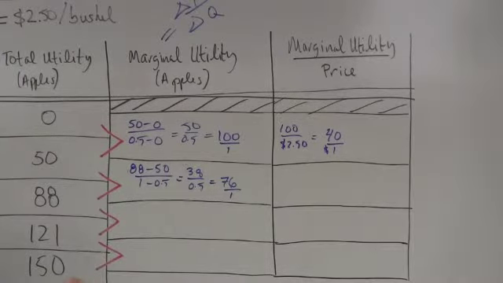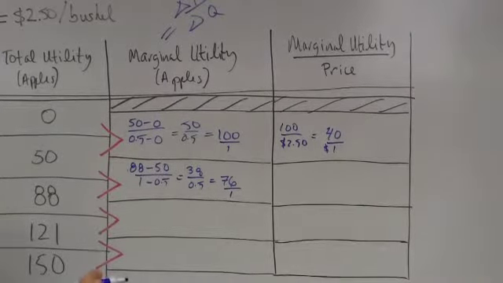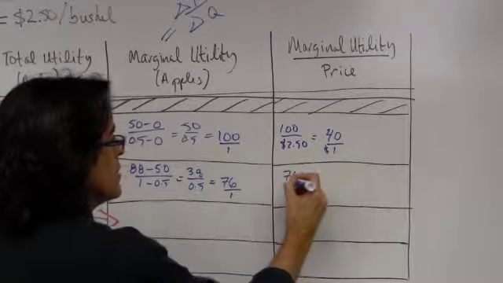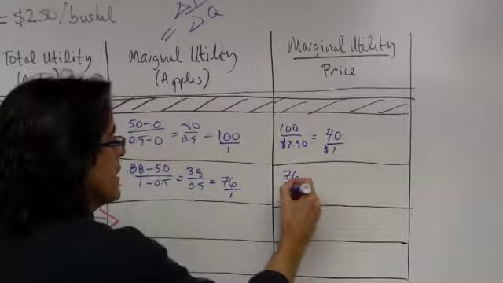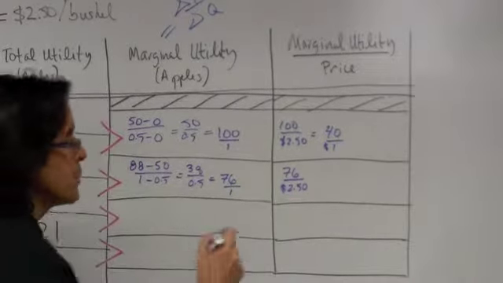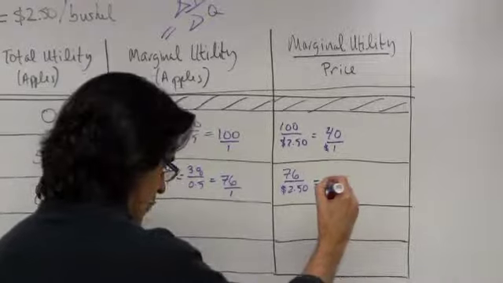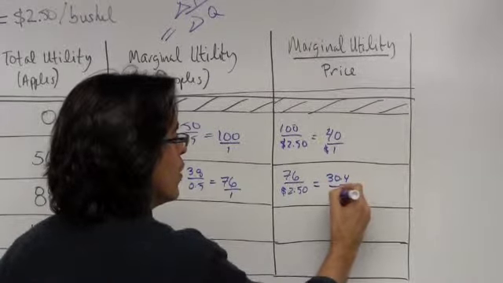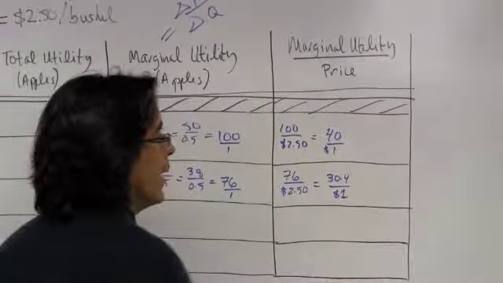So we'll do the second calculation of marginal utility to price. Again, we have that change in the total utility, that marginal utility, divided by the price. It's still $2.50 per bushel. And the number we end up with is 30.4 over $1.